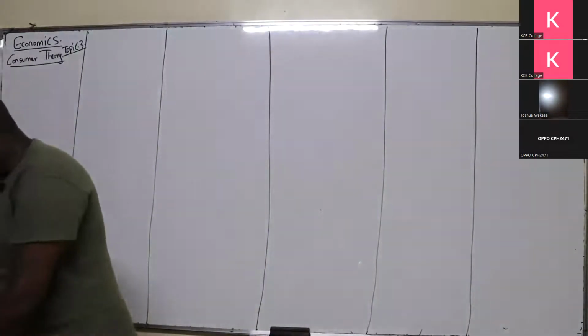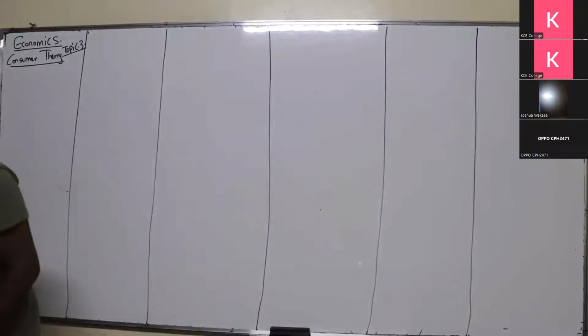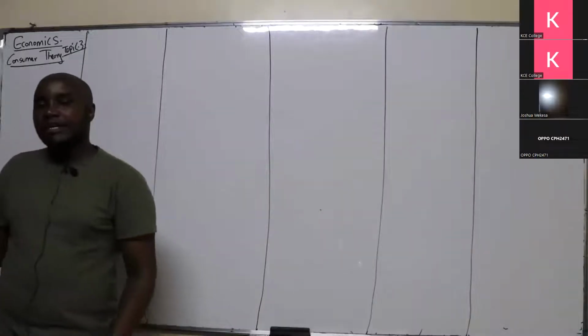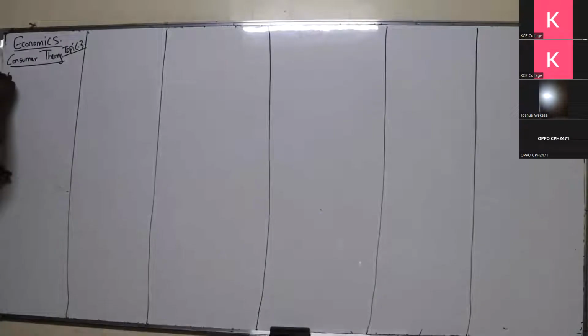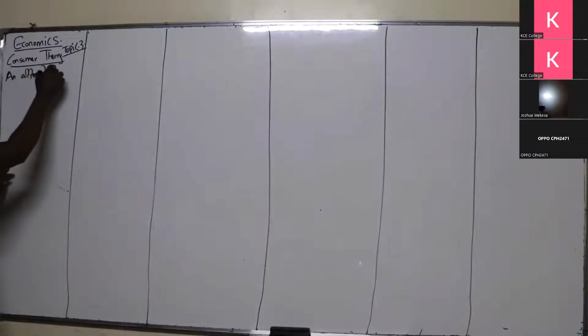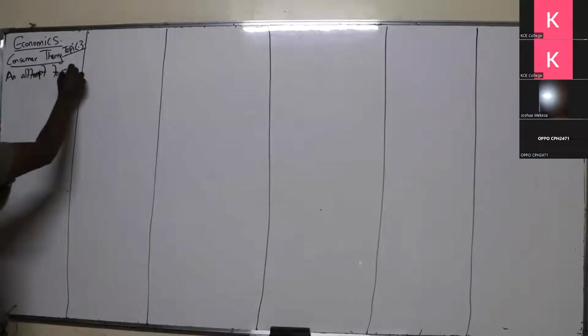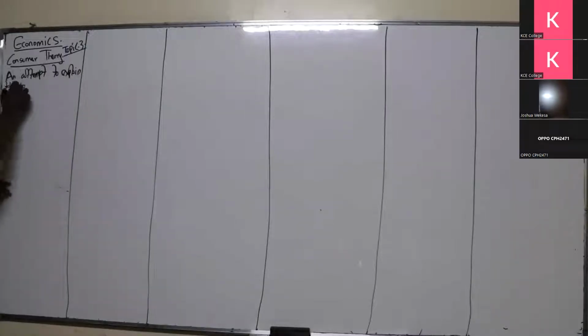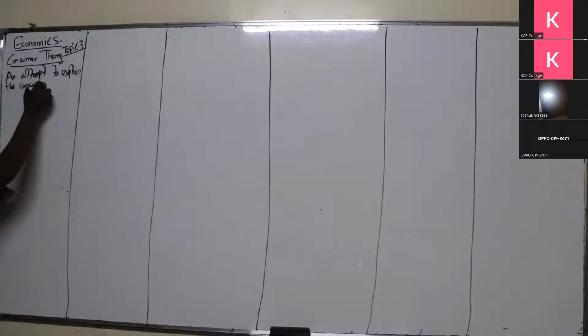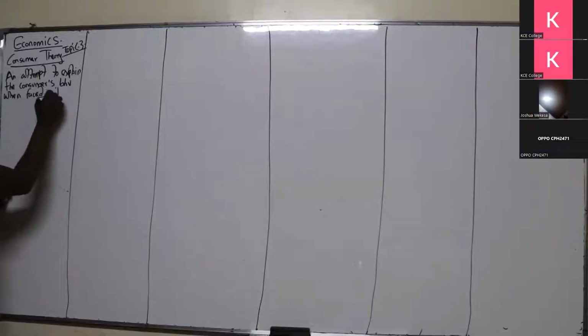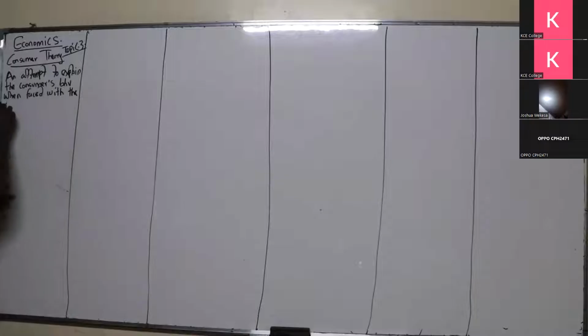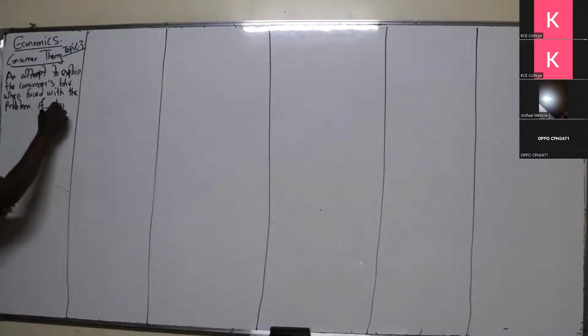So in today's class, as I have said, we shall be talking about the consumer theory. In short, this is an attempt to explain the consumer's behavior when faced with the problem of choice.